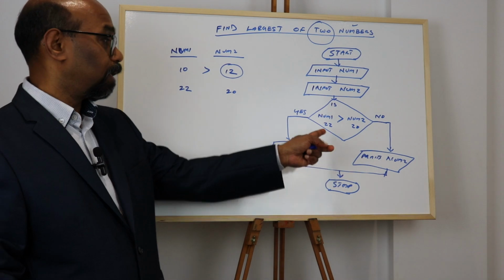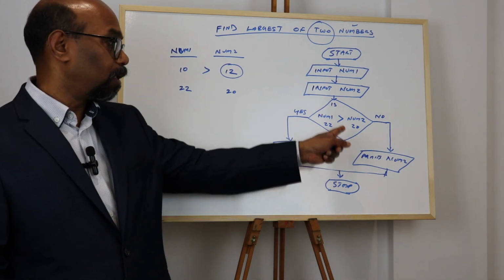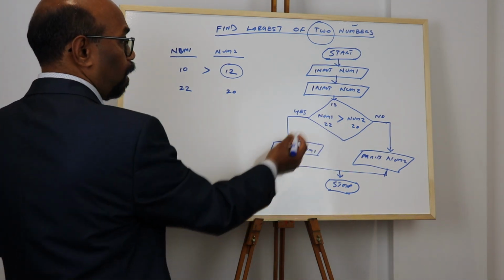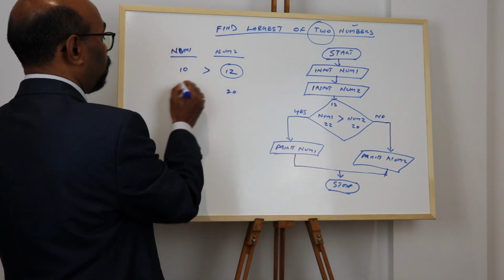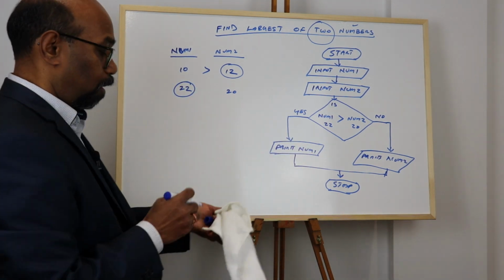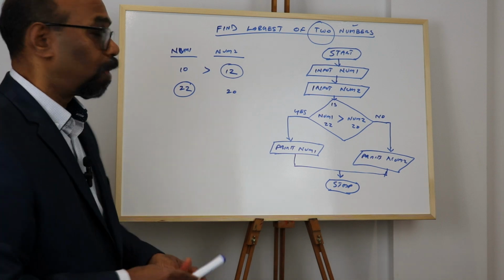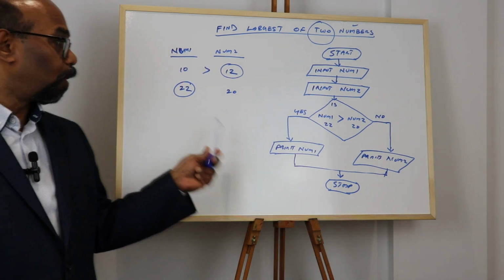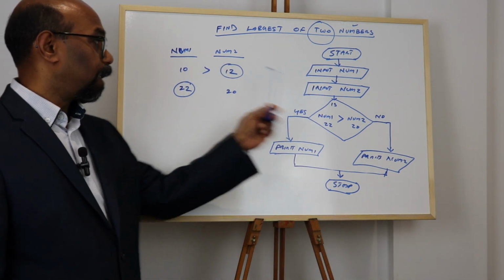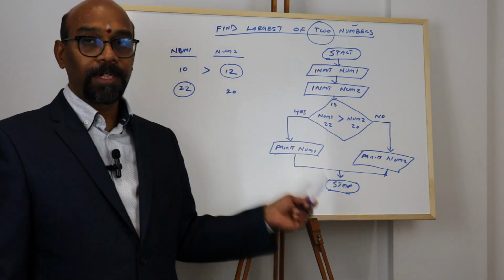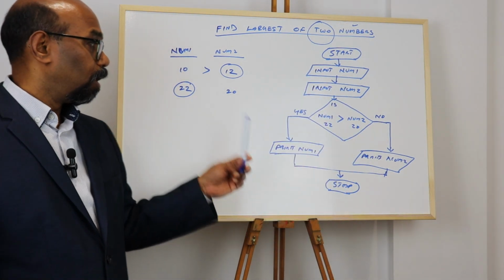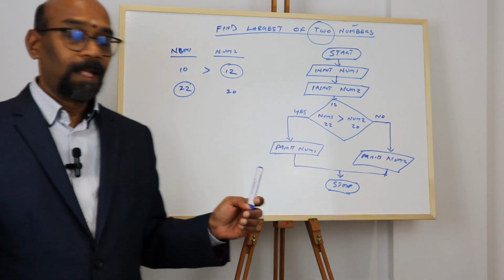This is a yes, isn't it? So 22 is greater than 20, therefore number 1 gets printed, which is 22. It is important to test your logic and then make the necessary corrections in your flowchart if it is wrong. In this case, this is okay.